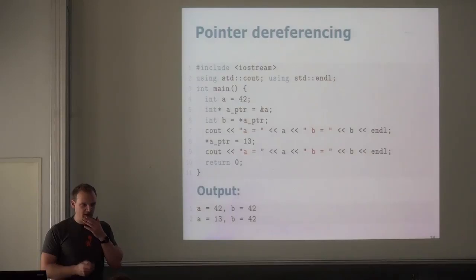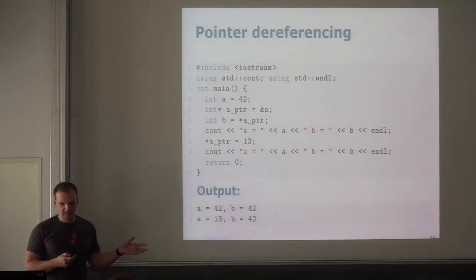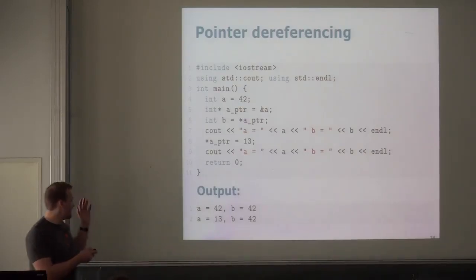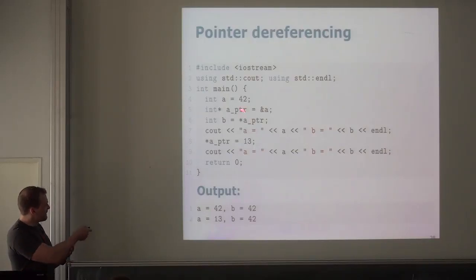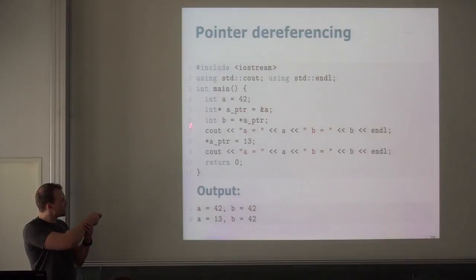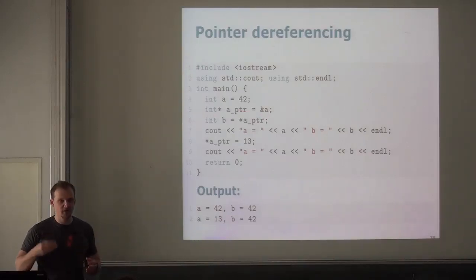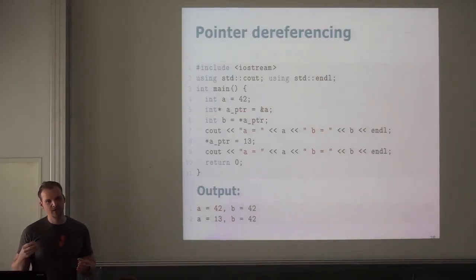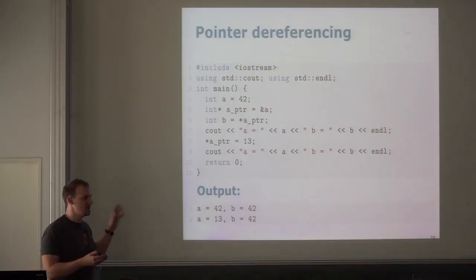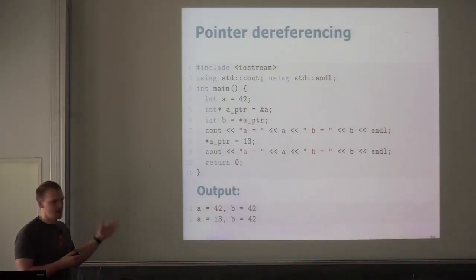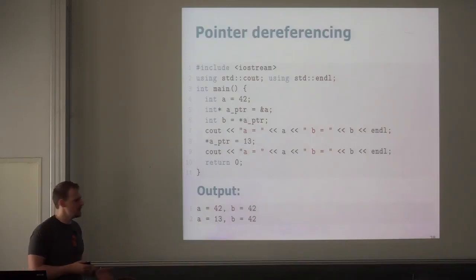Okay, so how does it look like? This is a small example. Again, this is my favorite A equals 42, and then there's a pointer to it, and the new line is over here. So let's say we want to create a copy of A, but we like living dangerously, so we do it through a pointer. It's just an illustrative example. It's not useful in any way.